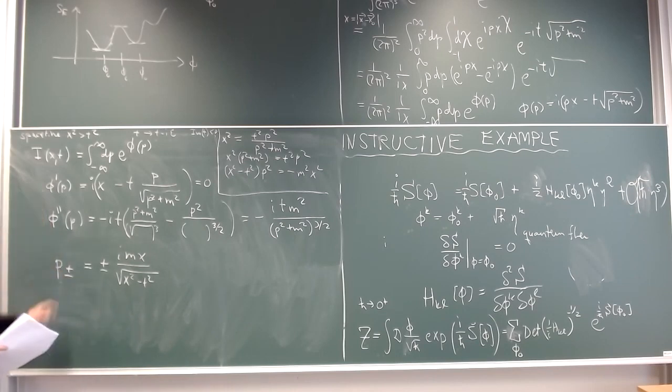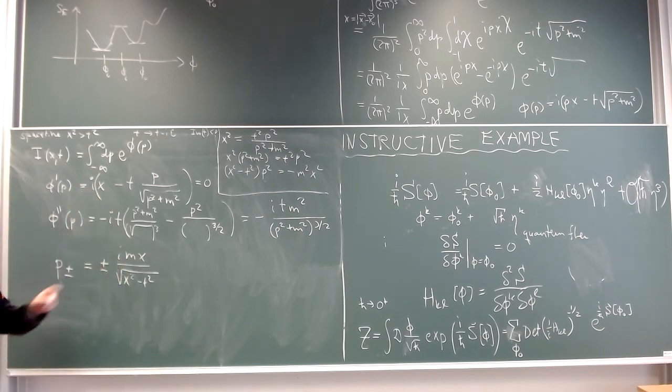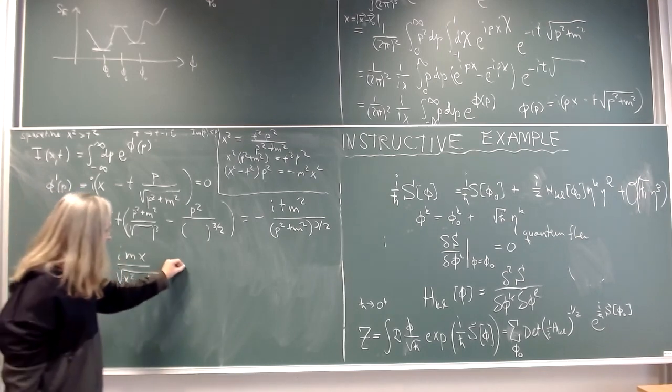Okay. All right. So we have this. This is the stationary point, and the first surprise. I don't know if it's a surprise, but the first surprise is that this is imaginary.